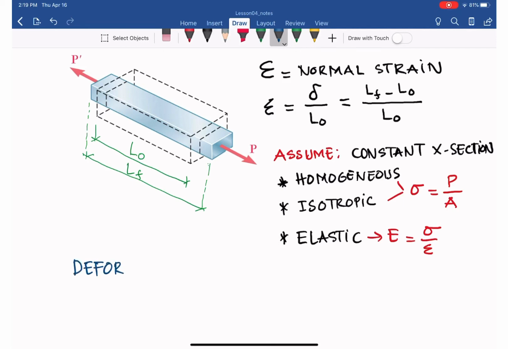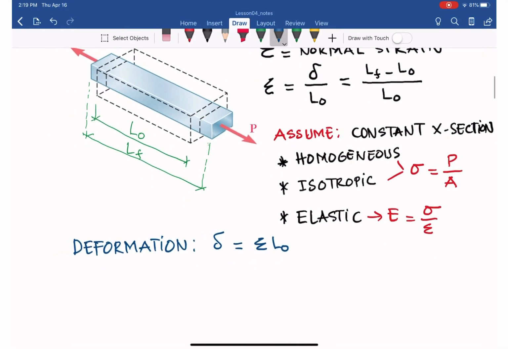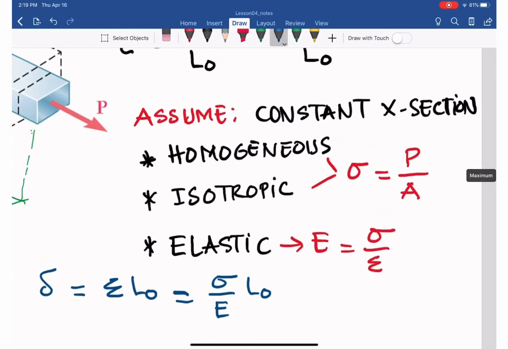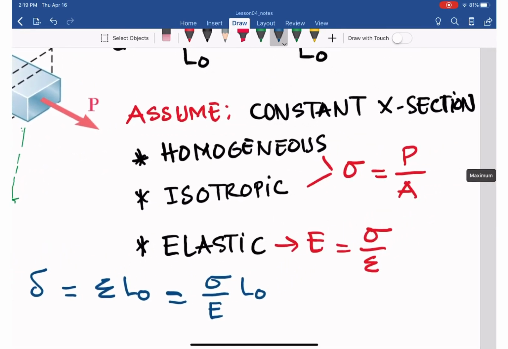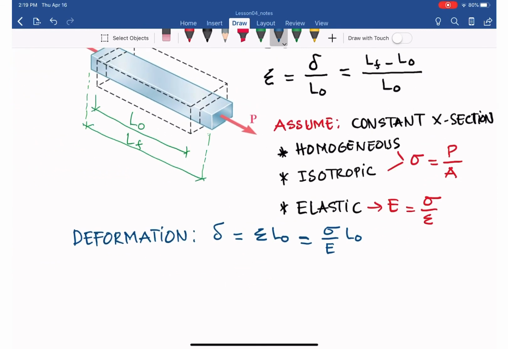From that, we have the deformation for the axial load on the axial member. The deformation is delta, and delta equals epsilon L0 in the equation here. In the elastic region, E equals sigma over epsilon, so epsilon is sigma over E. We can plug in sigma over E times L0. If the material is homogeneous and isotropic, we have sigma equal to P over A, so we can plug that into the equation.